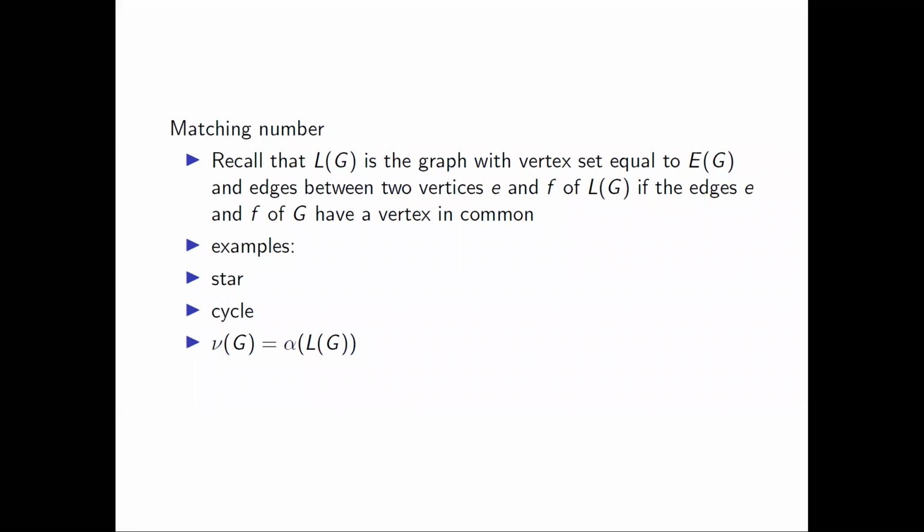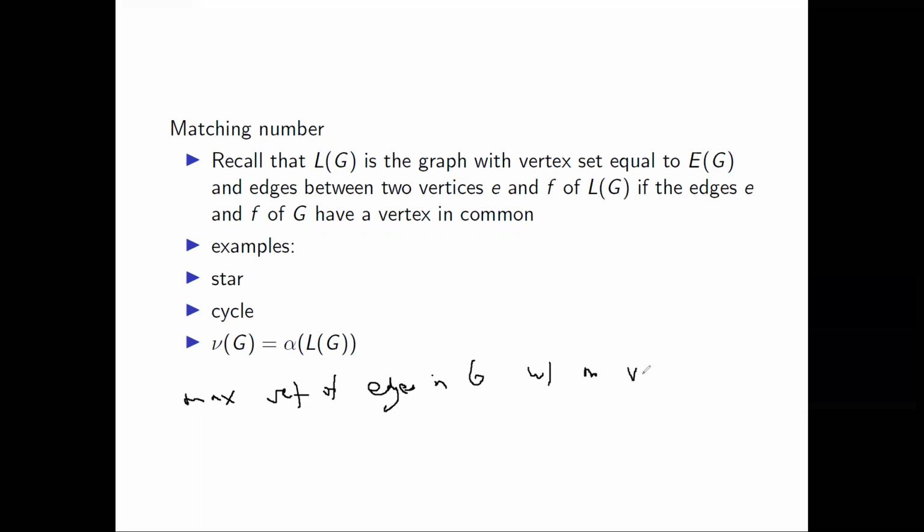And that's the same thing as a maximum set of vertices of L of G. So the size of that max set is going to be our nu of G.